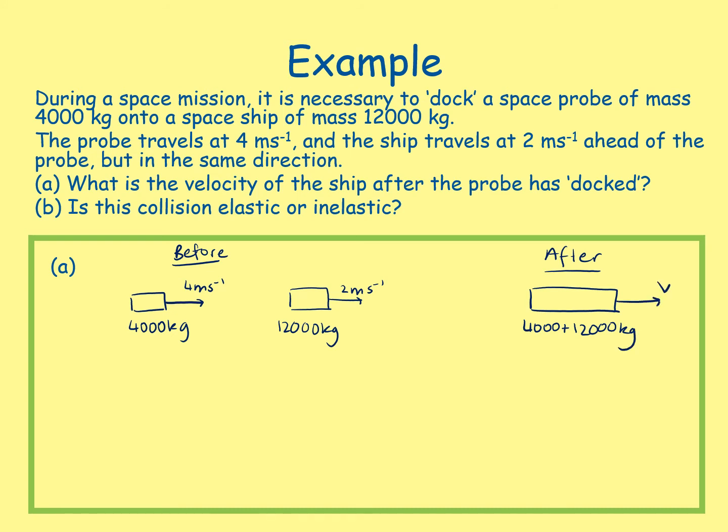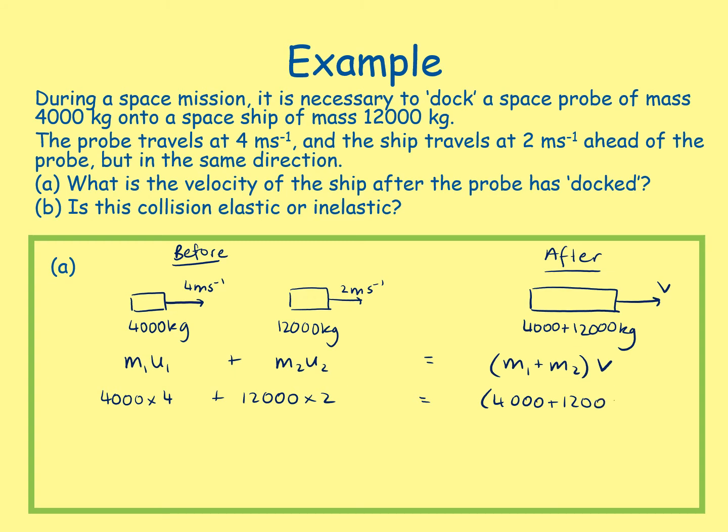So we can write out our equation. We've got m1u1 plus m2u2, and that's going to equal (m1 plus m2) multiplied by v. So we can substitute in our numbers here. 4,000 times 4 plus 12,000 times 2 equals (4,000 plus 12,000) multiplied by v.